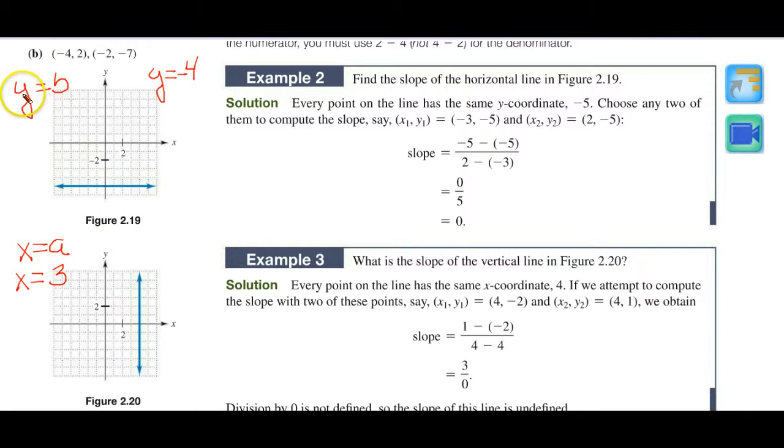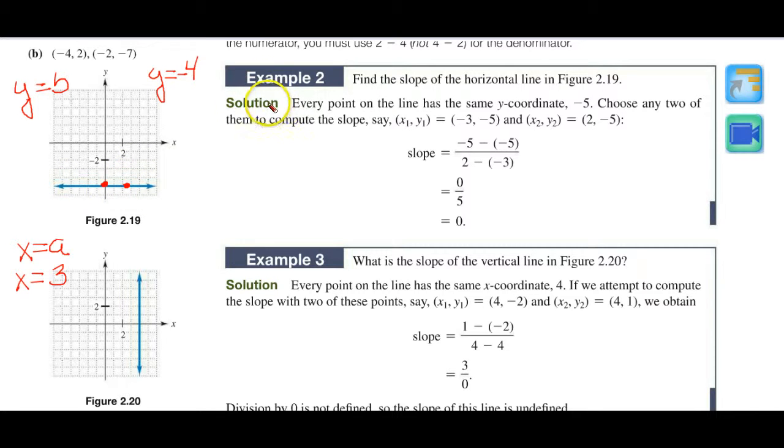The equation of y equals b is the equation of a horizontal line. And we plot it. This was the equation they'd give you, y equals negative 4. You would go down to negative 4, put a dot there, and then any place else put another dot, and that would be your horizontal line.